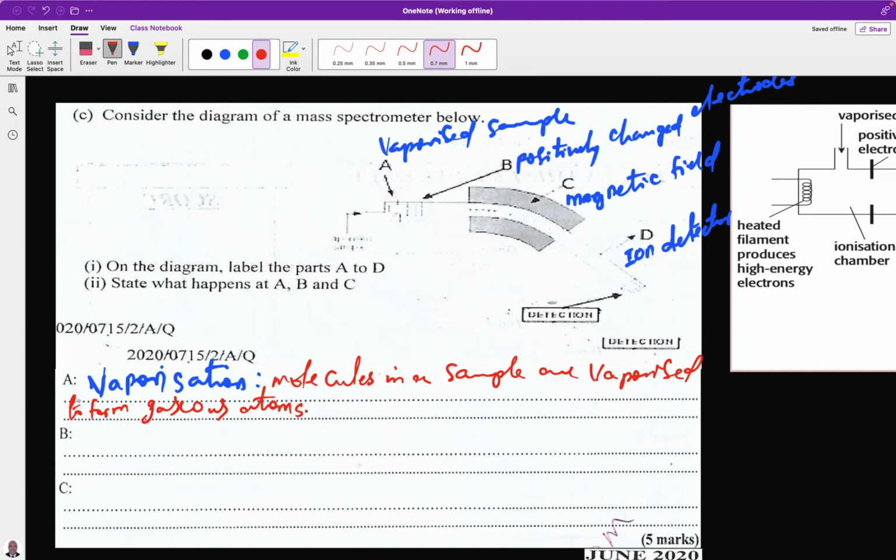I'm saying that they are converted to the gaseous phase by heating.